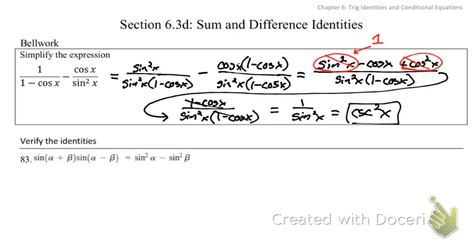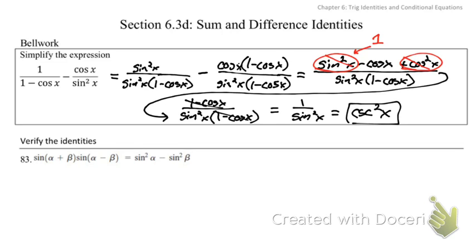If you'd multiply this one fraction by 1 plus cosine x over 1 plus cosine x, you would end up with sine squared x down here. 1 plus cosine x minus cosine x, you just would have had 1 over sine squared, and you would have been done. So in fact, that probably would have been the easier method of the two.